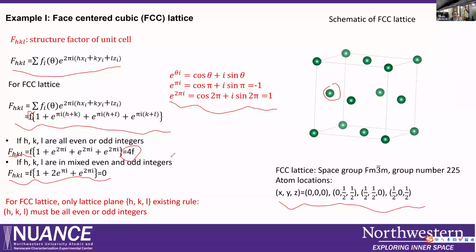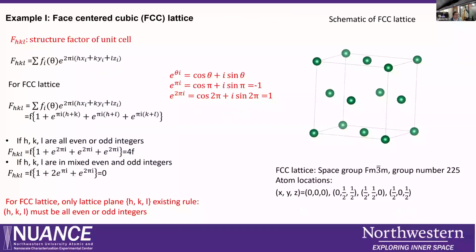That's why for an FCC lattice, the HKL indices must be all even or all odd. For example, if you index the FCC diffraction and get a 1,0,0 plane, it's wrong. A 1,1,0 is wrong. You must go to 2,2,0 before it can occur.